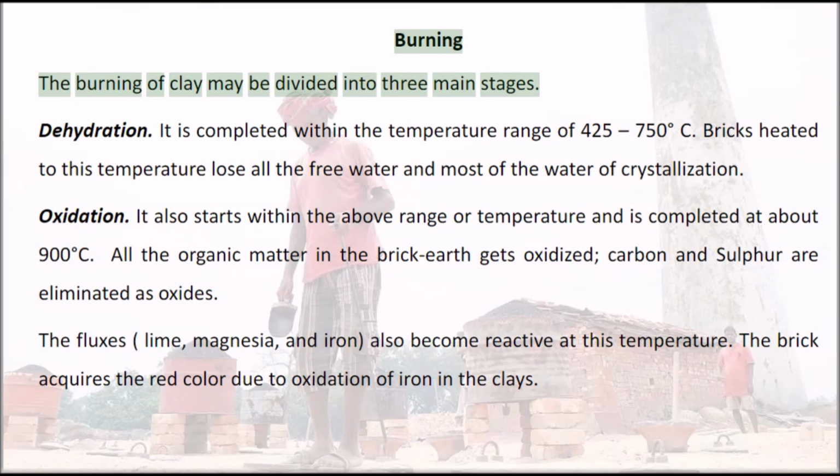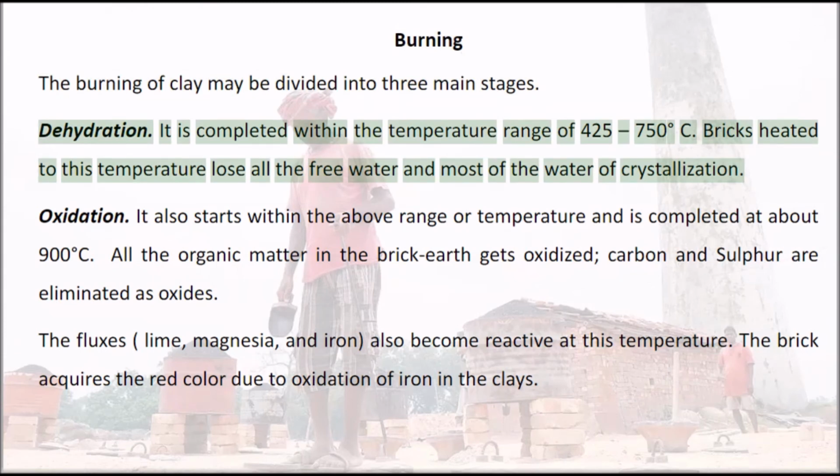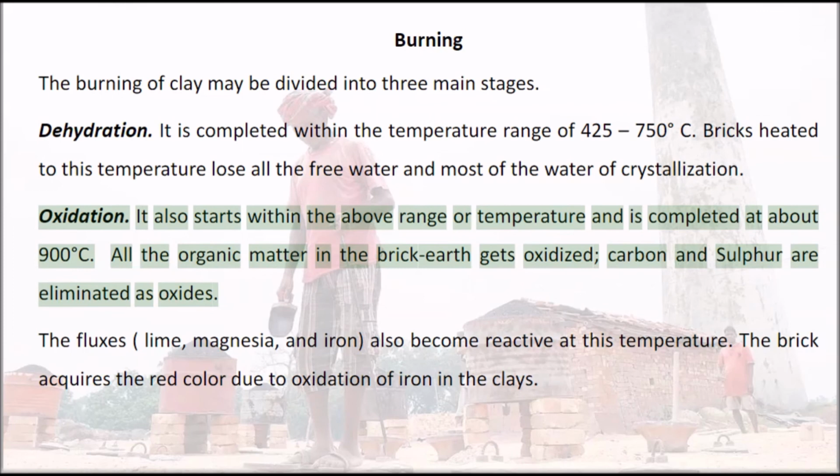It also starts within the above range of temperature and is completed at about 900 degrees Celsius. All the organic matter in the brick earth gets oxidized. Carbon and sulfur are eliminated as oxides. The fluxes, lime, magnesia, and iron, also become reactive at this temperature. The brick acquires the red color due to oxidation of iron in the clays.